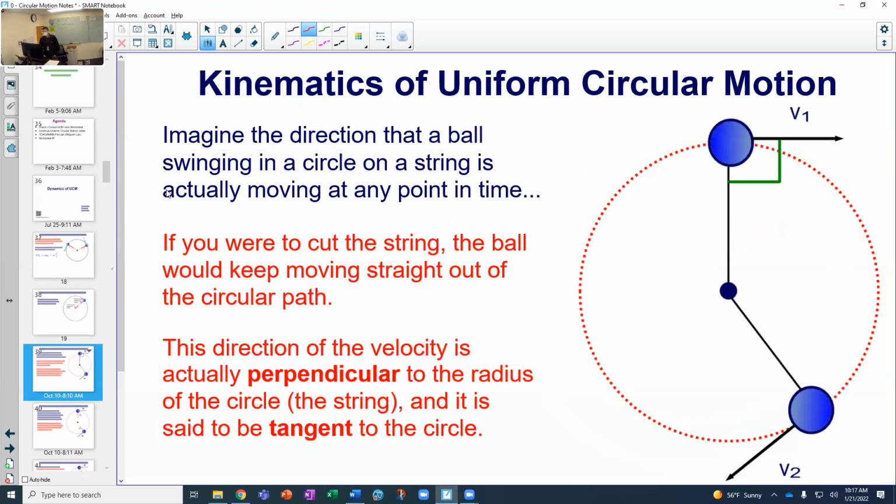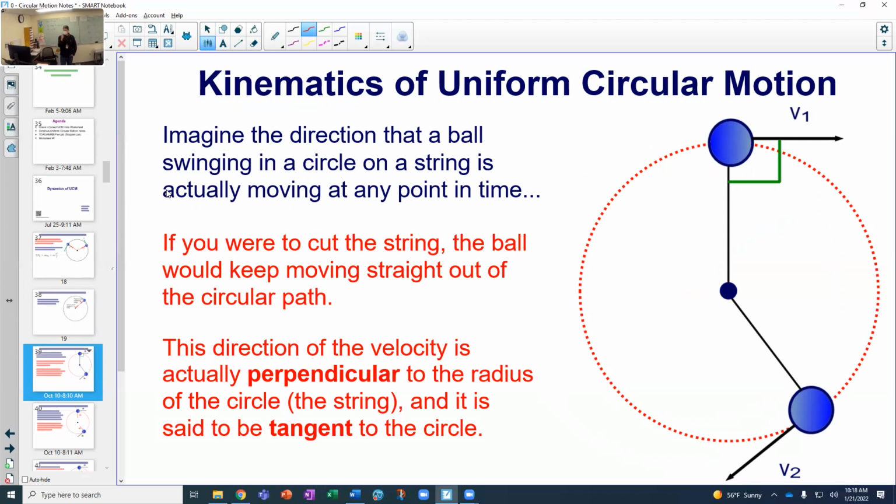So imagine the direction that a ball swinging in a circle on a string is actually moving at any one point in time. We know it's tangent, so we can see it drawn a couple places here on this circle. If you were to cut the string, the ball would keep moving straight out of the circular path. The direction of the velocity, as we said before, is always perpendicular to the radius of the circle.